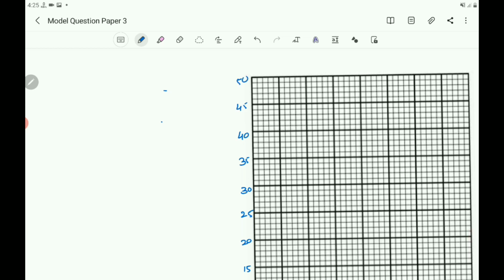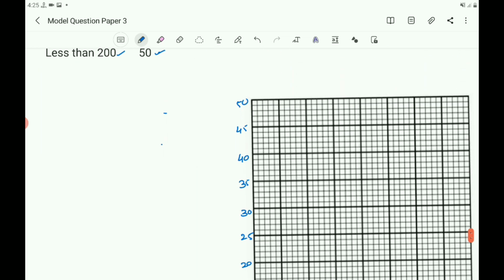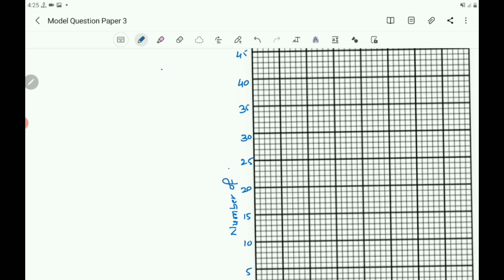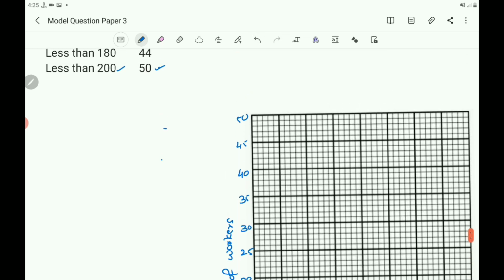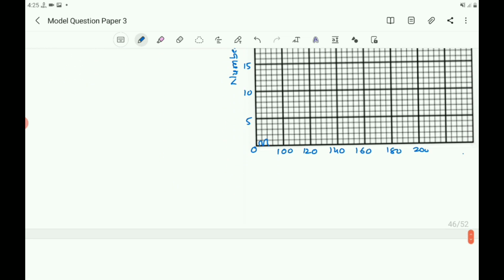Okay, and here you write, that is number of workers on the y-axis, and daily income on the x-axis.